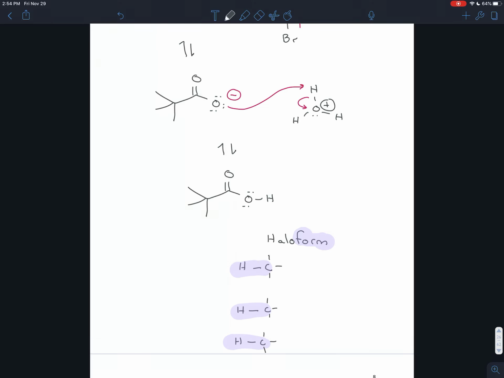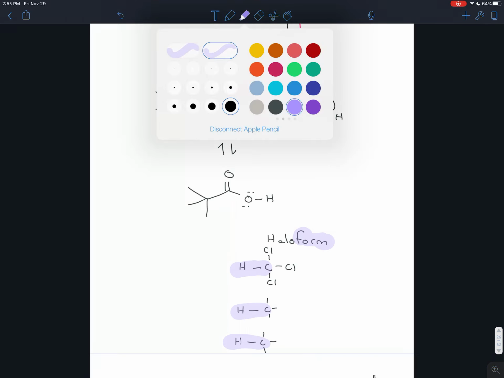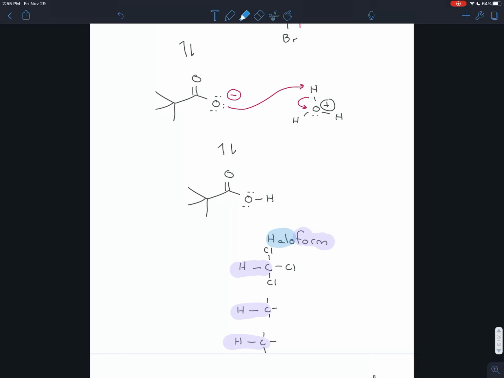If the other three things are the same, so if it's 3 chlorines, those halogens are what's responsible for the halo part. So for example, if there were 3 chlorines, that would be called chloroform. That's like what in cartoon villains, they put a cloth over somebody's mouth, they fall asleep, that's chloroform.